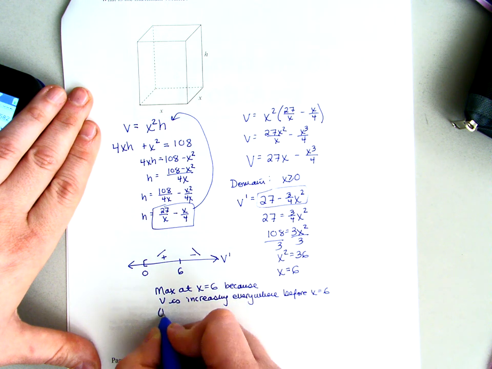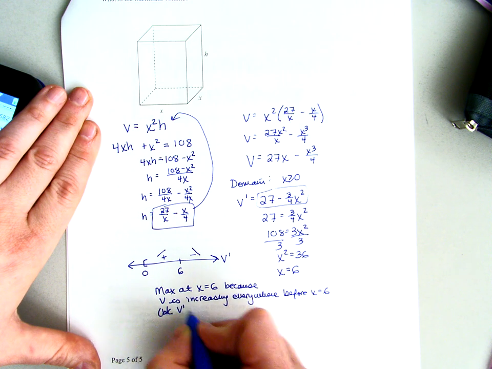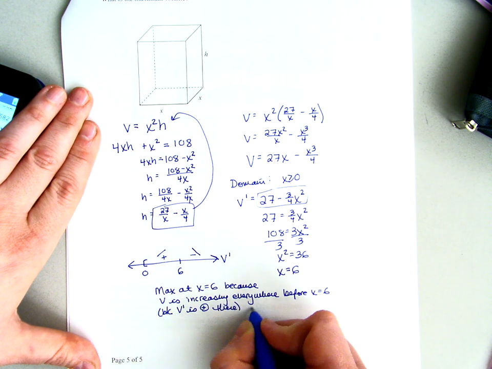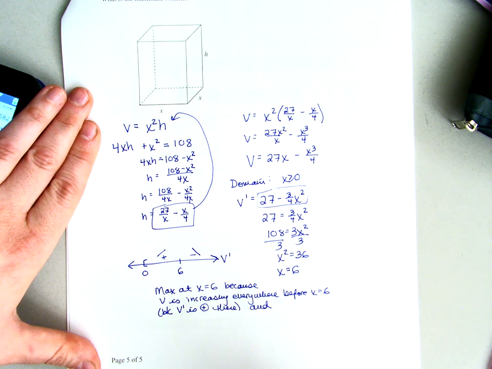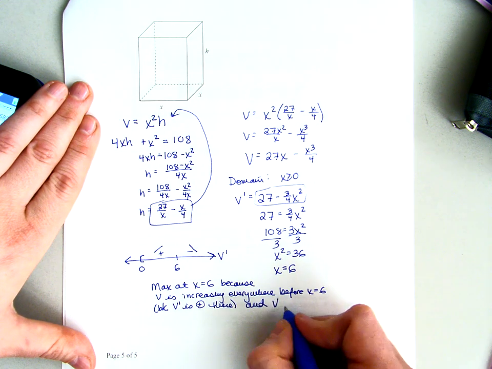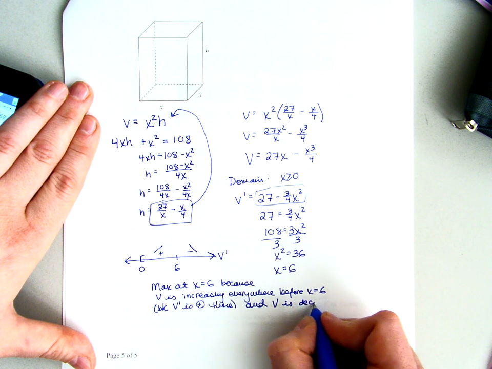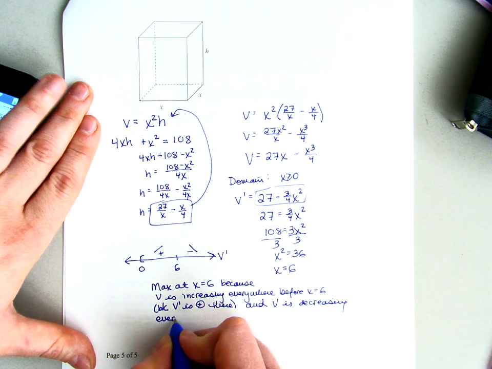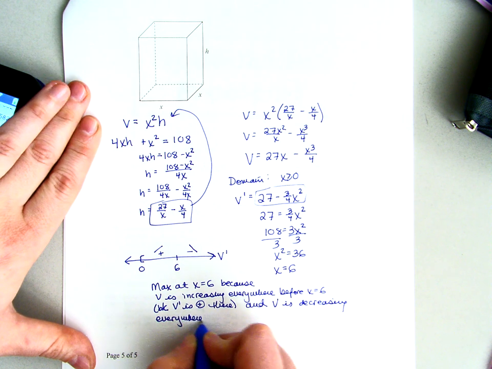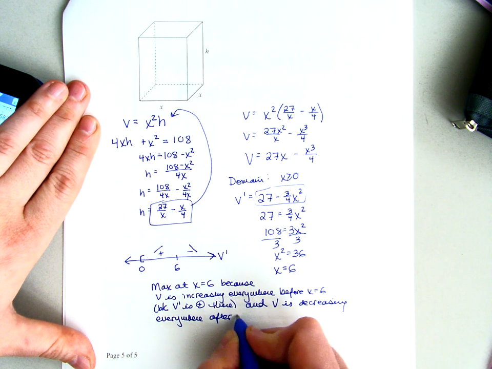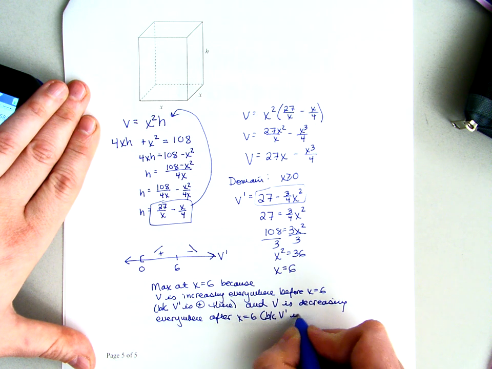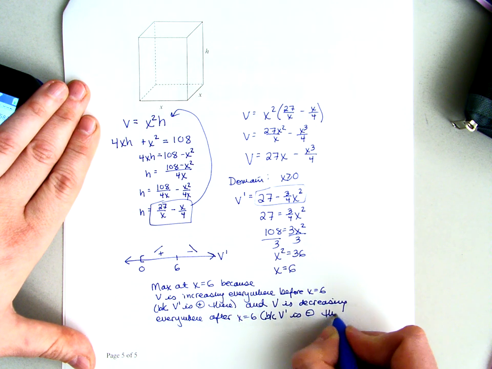And we do need to explain why we know that, so I'm going to say because V prime is positive there. And V is decreasing everywhere after x equals 6. Again, we need a reason for that, because V prime is negative there.